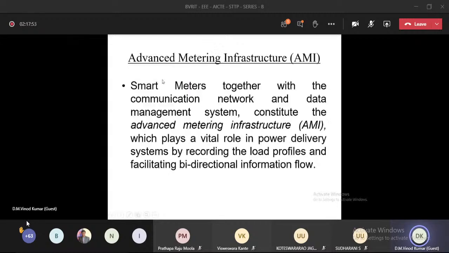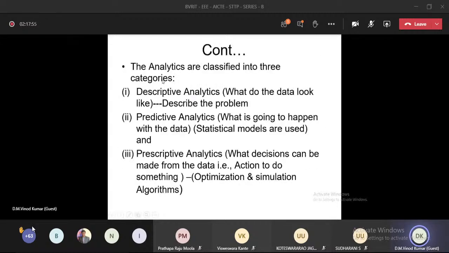What is descriptive analytics? It describes the problem, that is, what the data look like. What do the data look like? That is to describe the problem. We call it descriptive analytics.